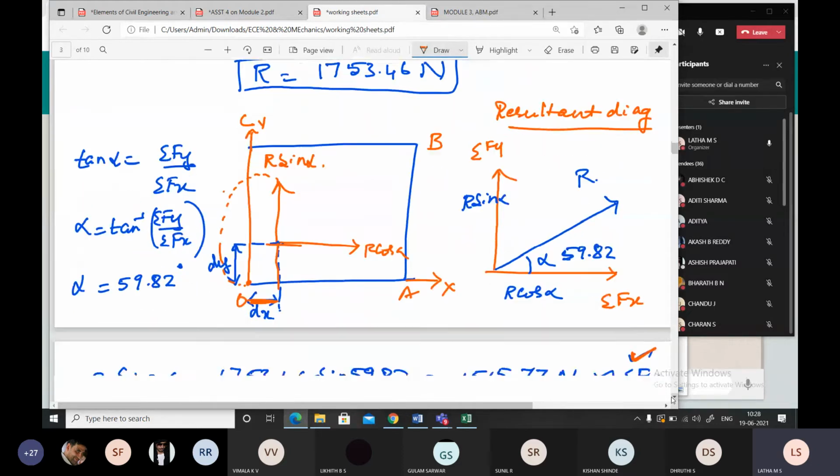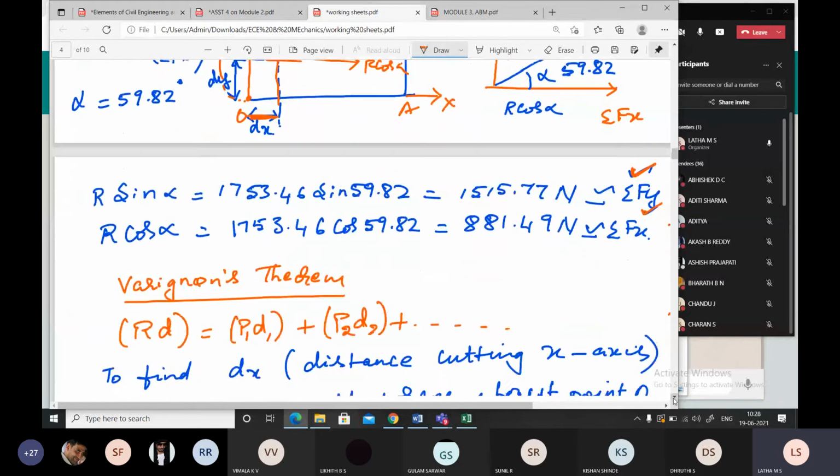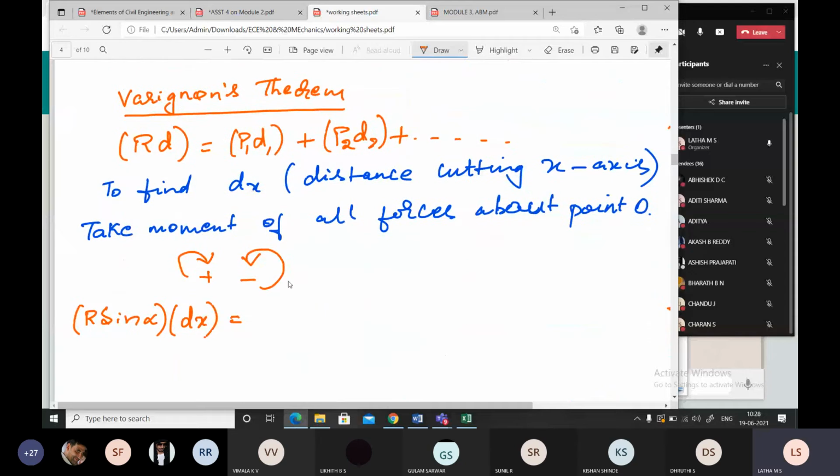So you can omit that component, or instead you can write it as 750 cos 20 into 0. Again, the vertical component also, 750 sin 20 into 0, only for your understanding of why they are not included.